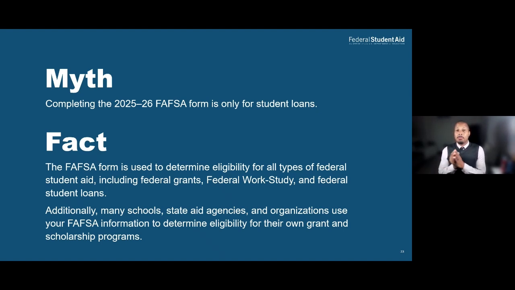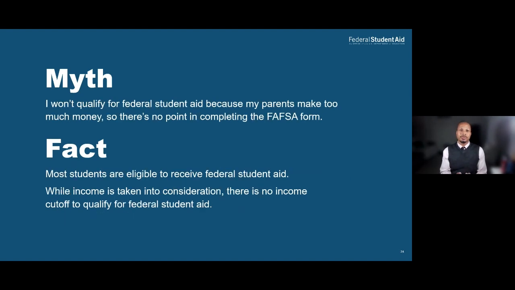Multiple entities leverage the FAFSA to determine eligibility for other federal financial aid. You do not have to accept the aid that is offered to you. This gives you a snapshot of the total aid that you are eligible for. So it's very beneficial for students to go in there and complete the 25-26 FAFSA form. It is not a myth, excuse me, it is a fact that it is not just for student loans.